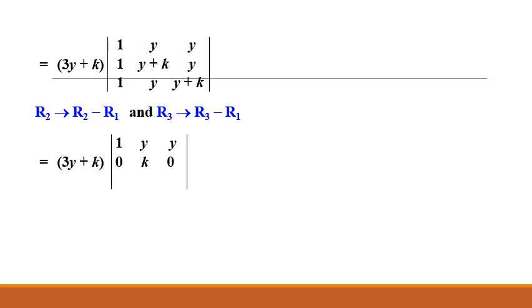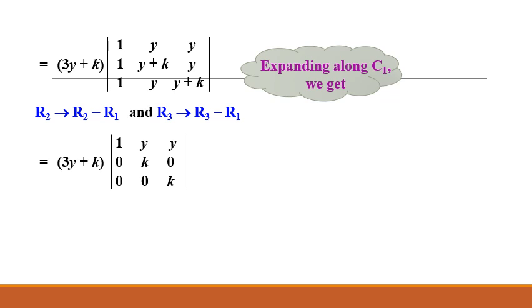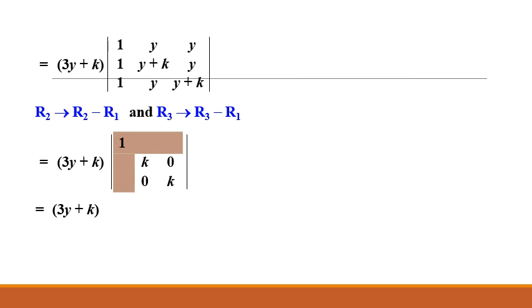Similarly apply the property on the third row: R3 implies R3 minus R1. Again we get 0, 0 and k. So expanding using C1, we get 3y plus k, 1 into k into k. So we get k square into 3y plus k, which is the required RHS.